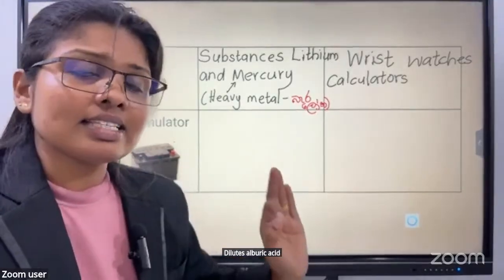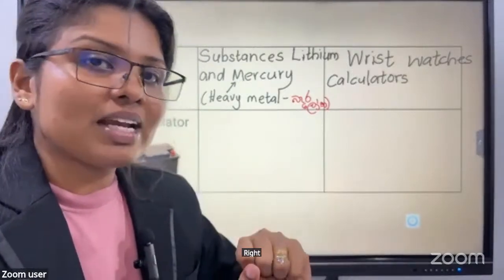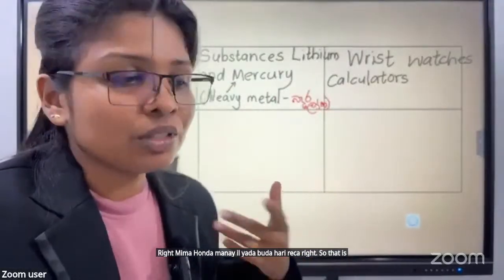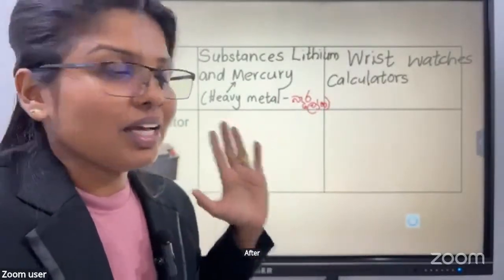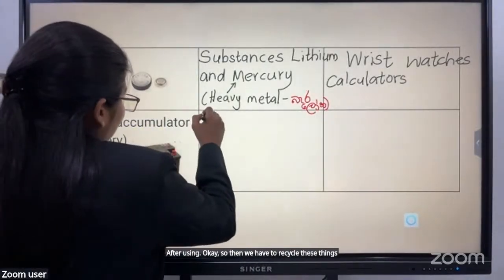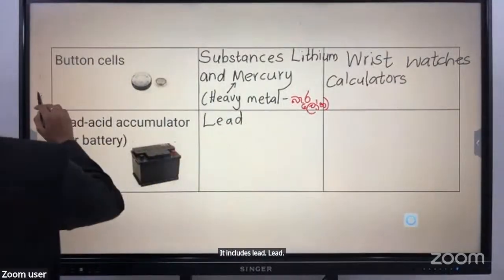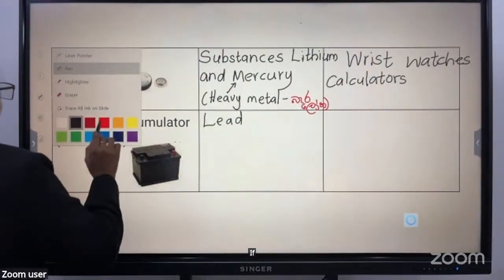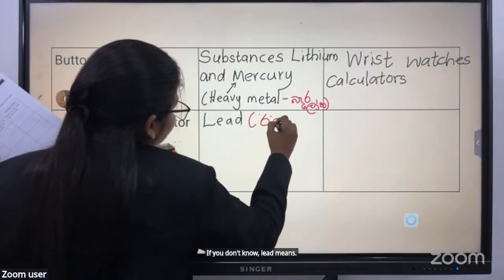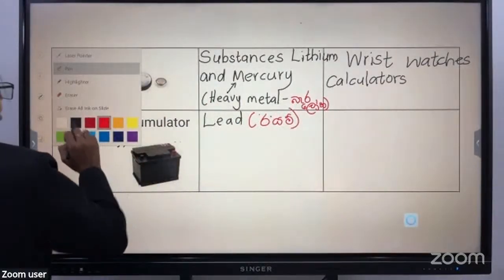Lead is in Sinhala අයම්, right? Meva hondama nae eliyata muda harina එක, right? So that is not good to release out after using. So we have to recycle these things. If you release it out, it includes lead. Lead means අයම්, right?